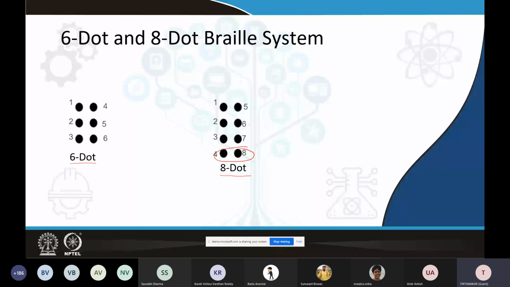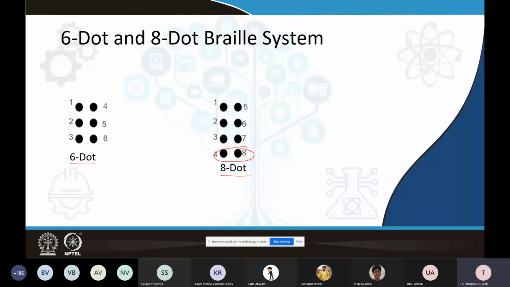Particularly when we discuss multilingual systems where Braille can be represented in multiple languages, there we will find that in many countries like China and Korea, they widely use these 8-dot convention systems, because it helps them to represent more and more alphabets or characters.